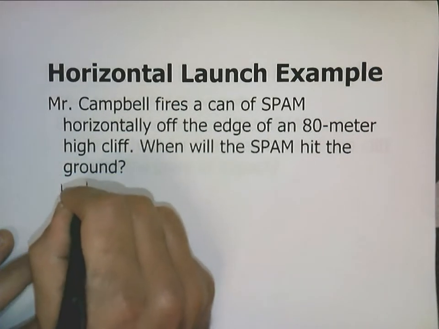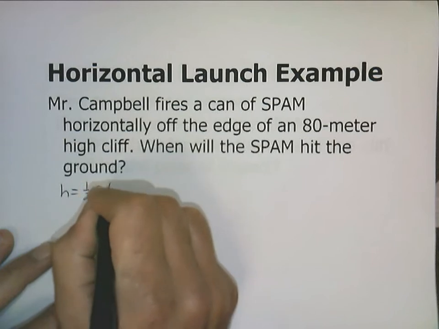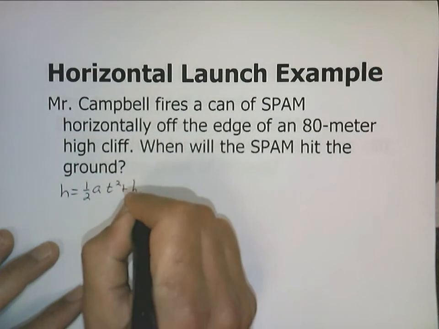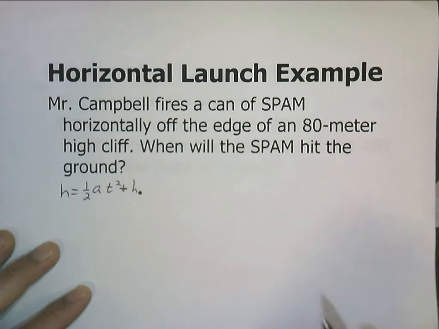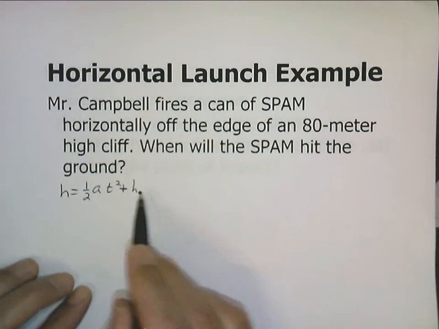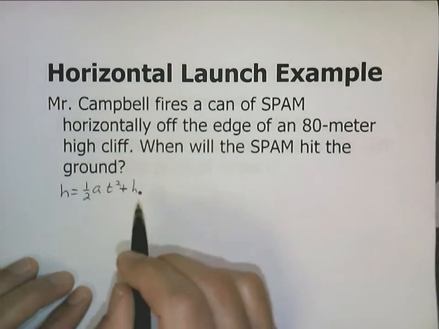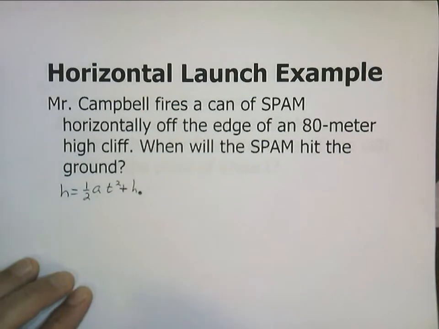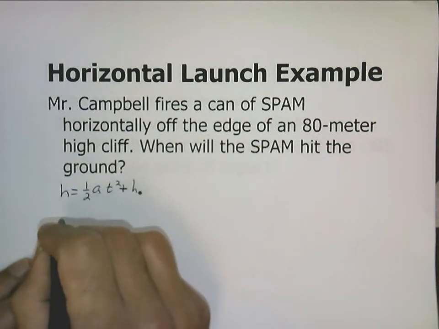Height above the ground is equal to 1/2 a times t squared plus h sub 0. In this case, our initial height is going to be 80 meters. So that means we want to use the acceleration that is in meters per second squared.